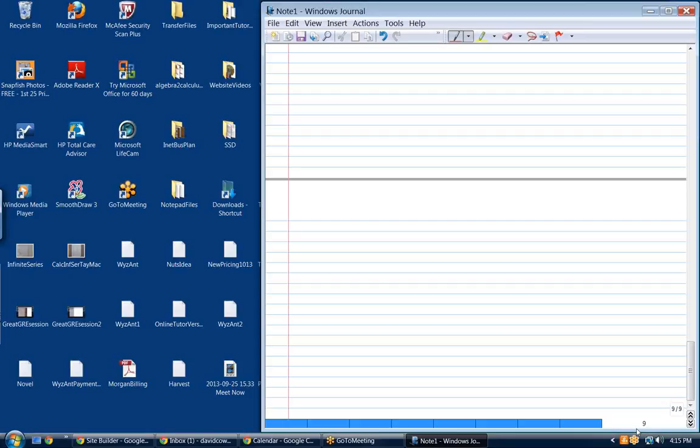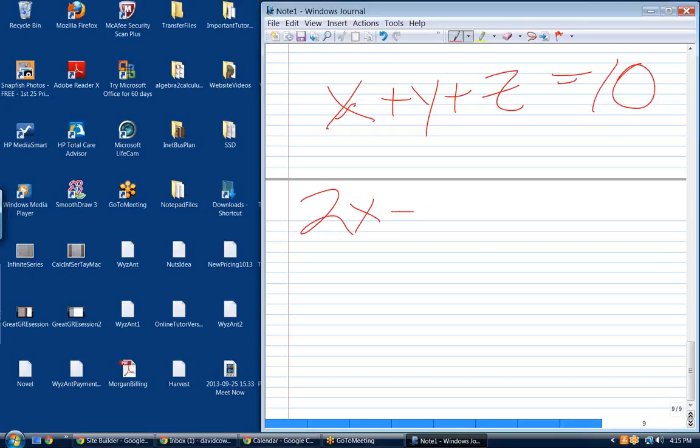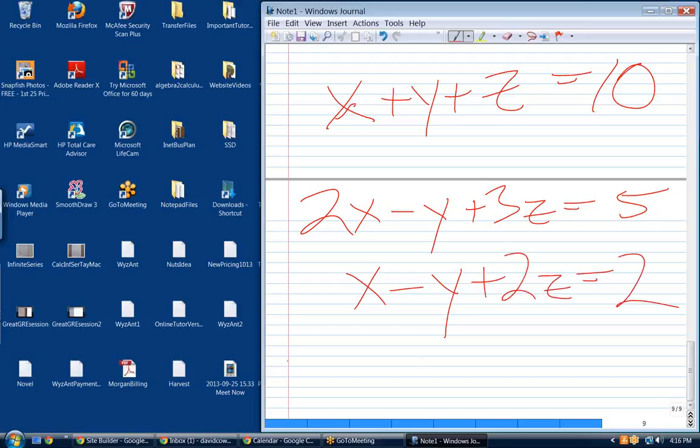I would say that would be more of a mid-semester problem, where you have x plus y plus z equals 10, and then 2x minus y plus 3z equals 5, and then x minus y plus 2z equals 2. There are 3 equations and 3 variables, and it can be solved by elimination, but it's much harder.